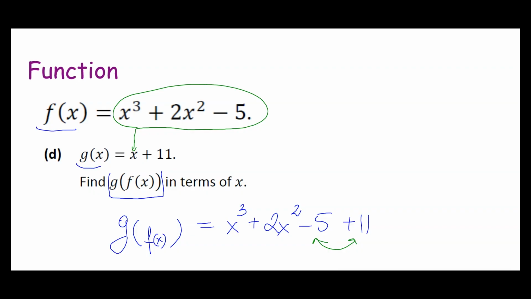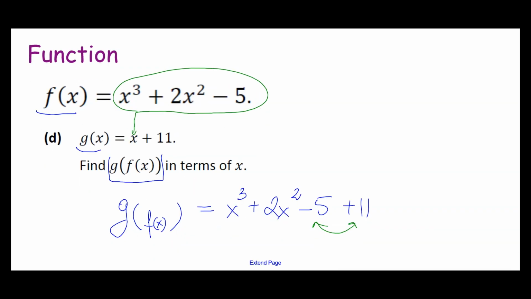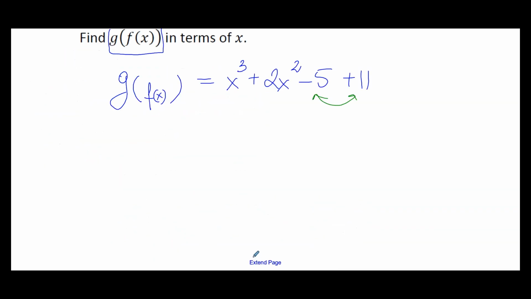We can put them in the calculator and add them. So our function g, when we replace x with function f, we're going to get x to the power of 3 plus 2x to the power of 2. And like I said, we put in the calculator minus 5 plus 11, and we get plus 6. And there it is. That's all we have to do.